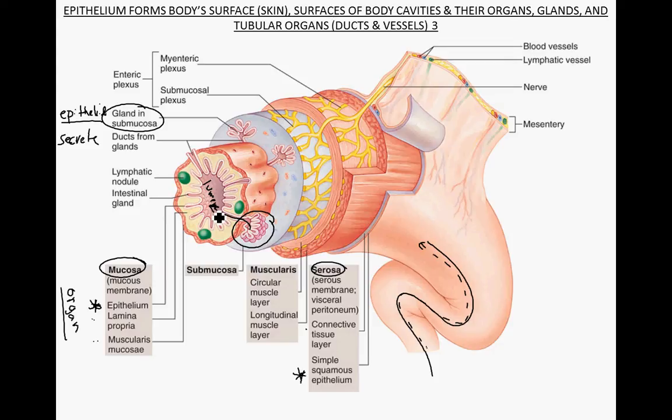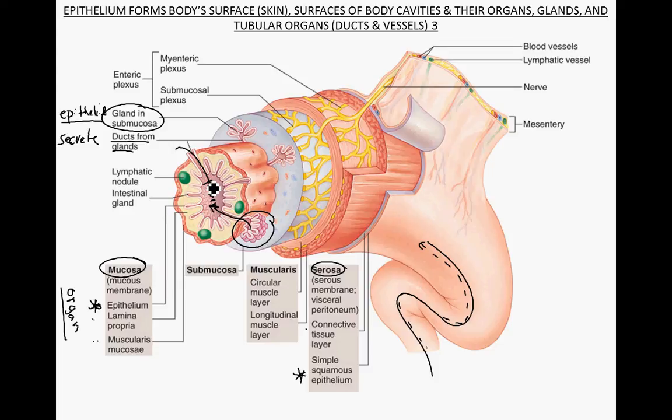And so this would be a duct here. We know because it says ducts, and ducts from the glands right there. And it's secreting something, in this case probably digestive enzymes, right into the lumen of that small intestine. So again, just showing you a cross-section through the intestine.